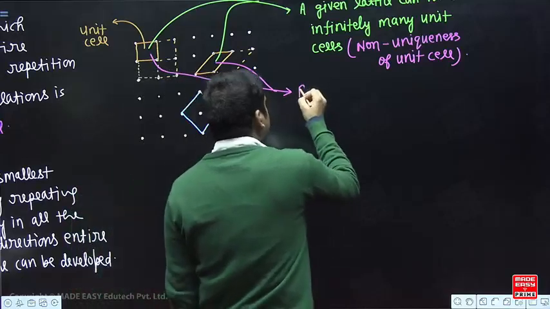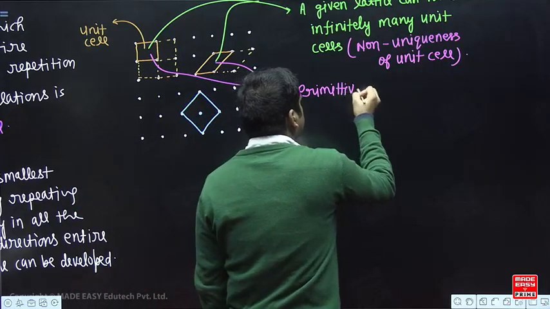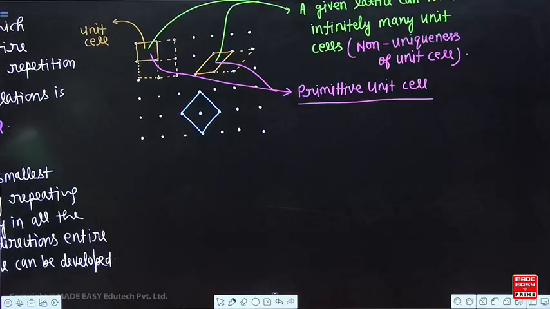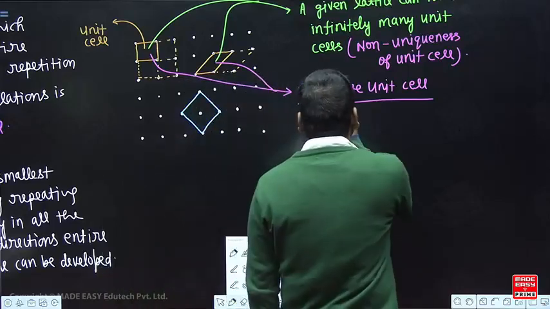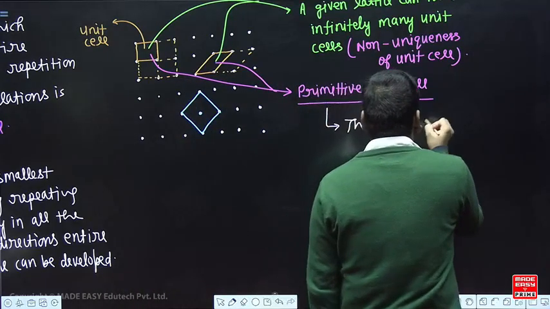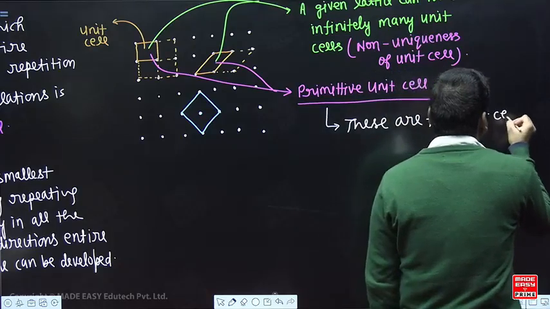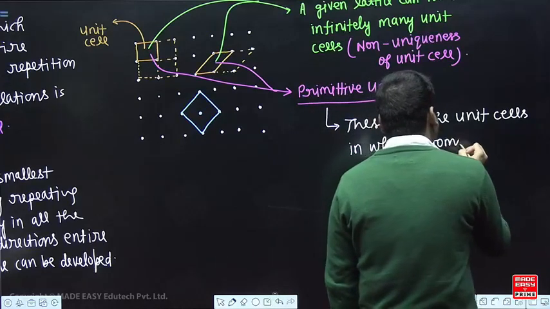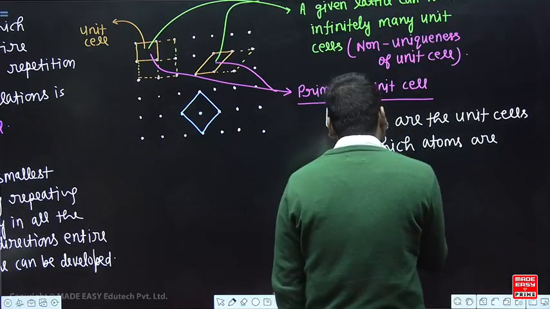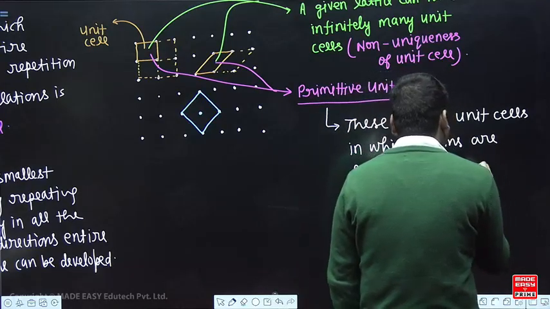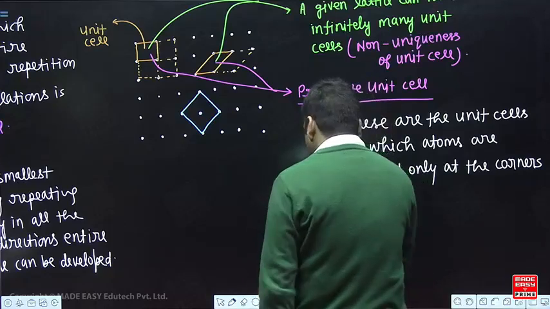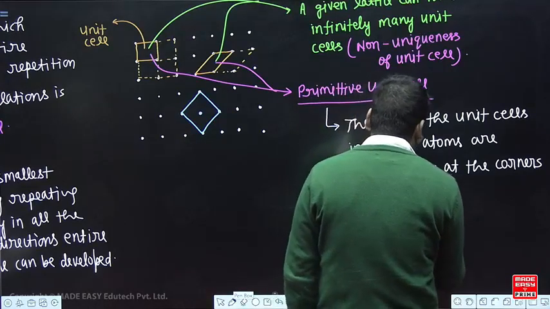These are primitive unit cell. Primitive unit cells are those unit cells in which atoms are located only at the corners of the unit cell. Here, non-primitive unit cell.